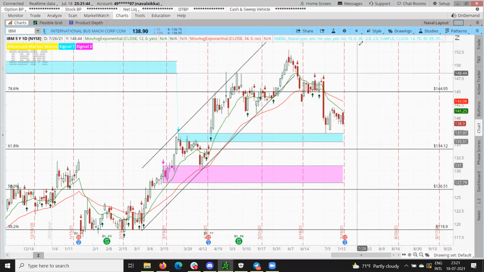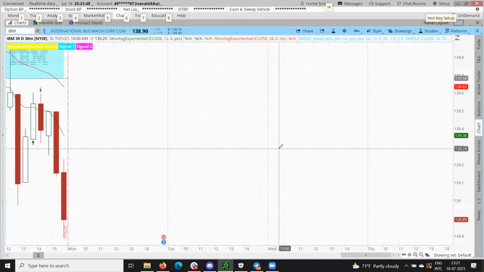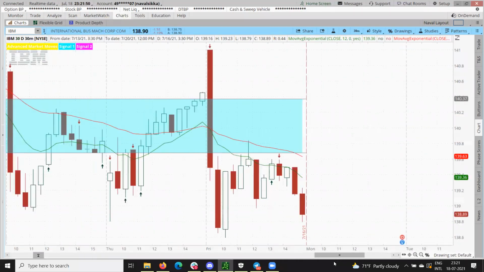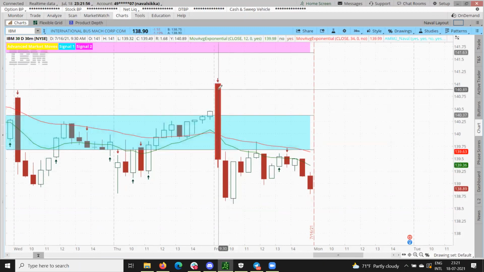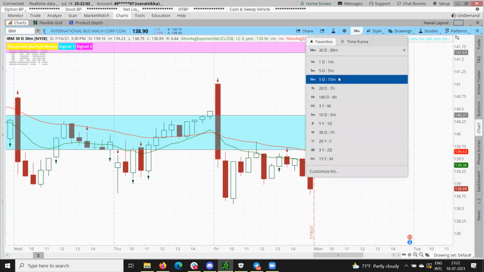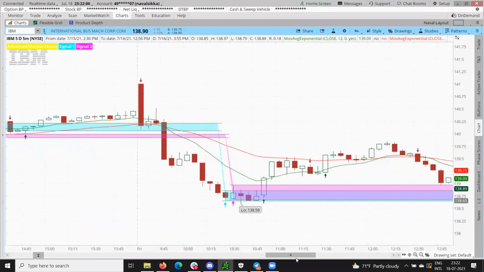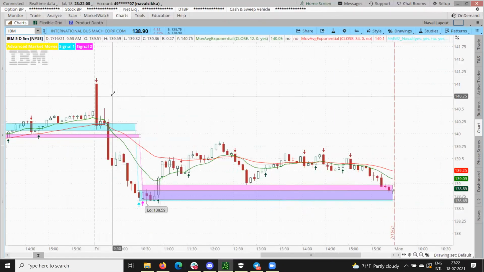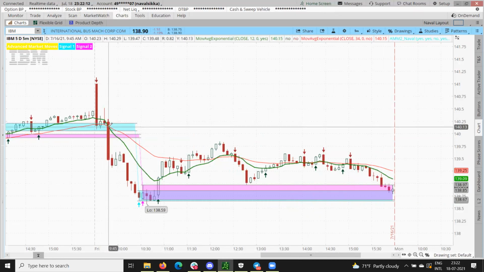Second thing, if you shorted it, look at the 30-minute candle. If you shorted it right at 9:30, it opened right at 141. Supposedly you ran the script at 9:45.